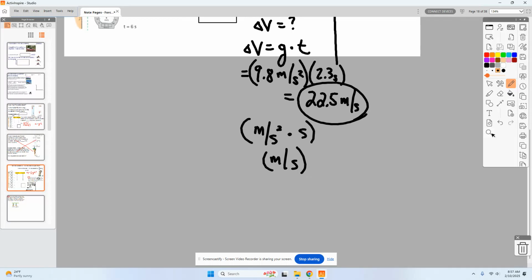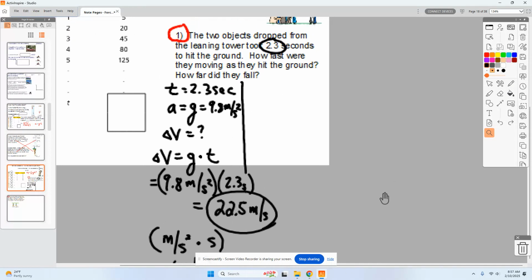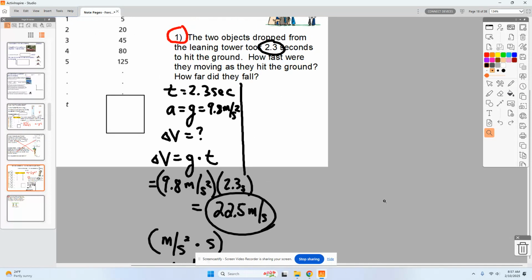Now, the other question is asking how far would it fall? That's a different equation, so I'm going to switch to a different color here. Again, the time is 2.3 seconds. The acceleration is still G, but now what it's asking for is how far it falls.